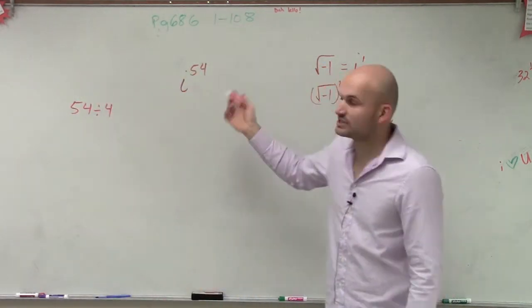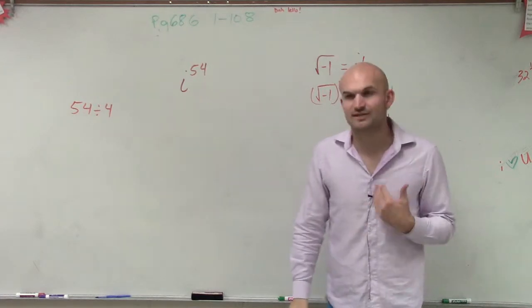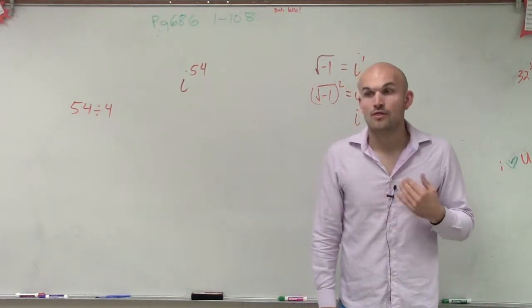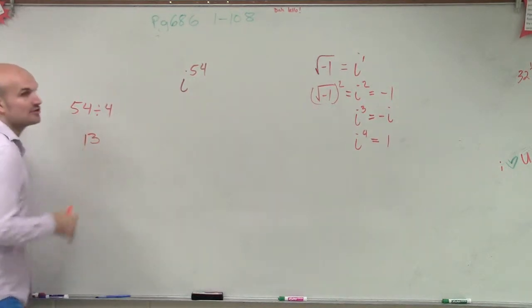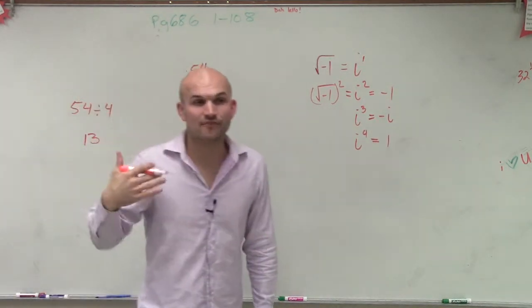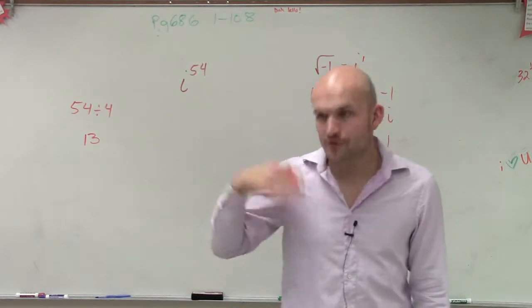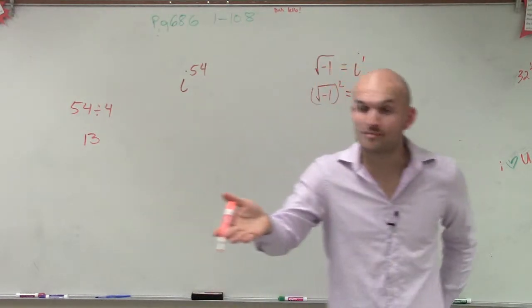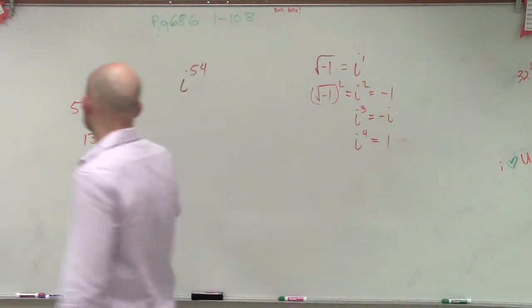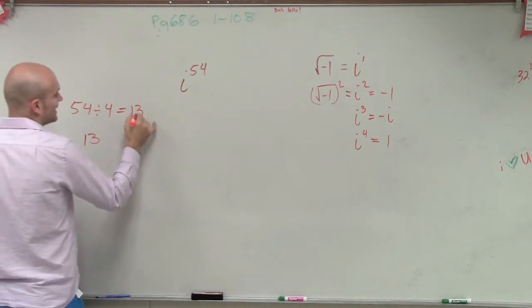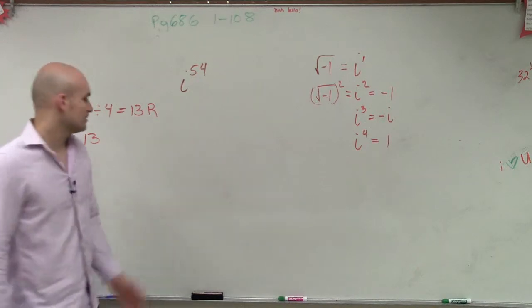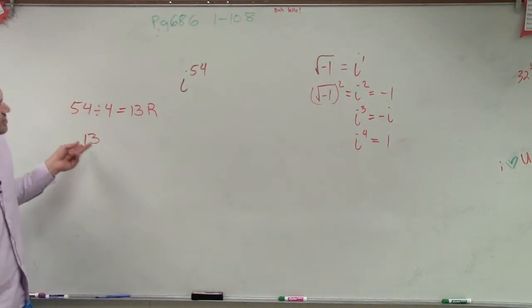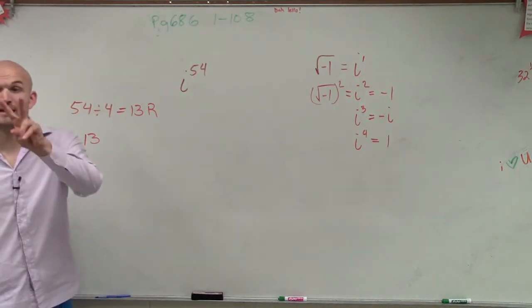How many times does 4 go into 54? 13 times, right? That means it repeats 13 times, and then there's a remainder. Well, 13 times 4 is 52, so there's a remainder of 2.